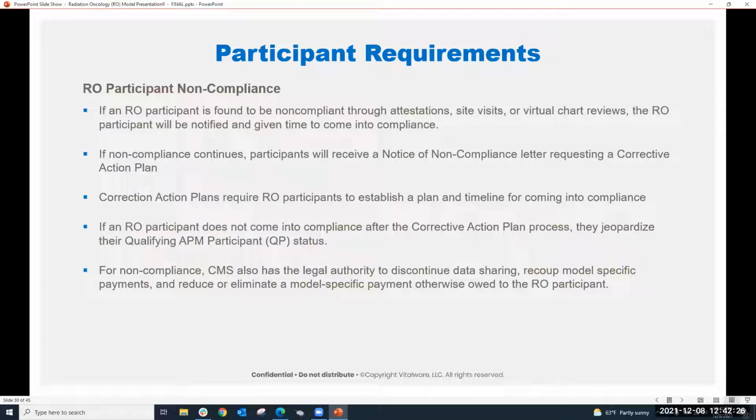And then if the RO participant still does not come into compliance, they do jeopardize their qualifying APM participant status. And they just state that CMS has legal authority to discontinue data sharing, recoup model-specific payments, and reduce or eliminate model-specific payment otherwise owed to the participant.